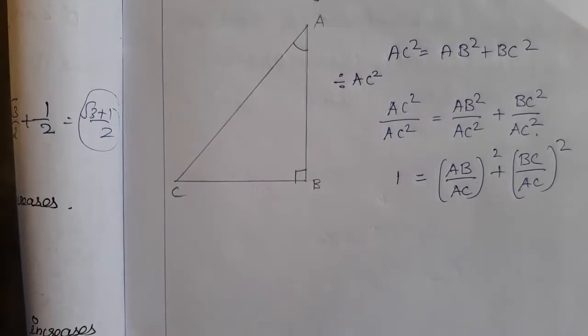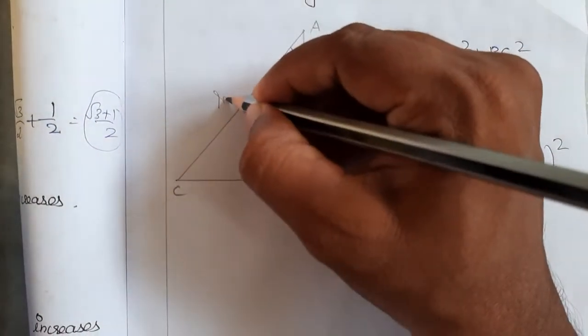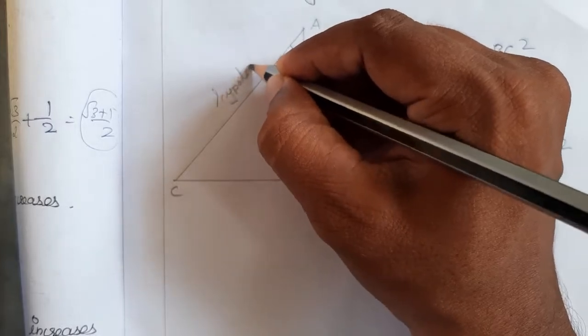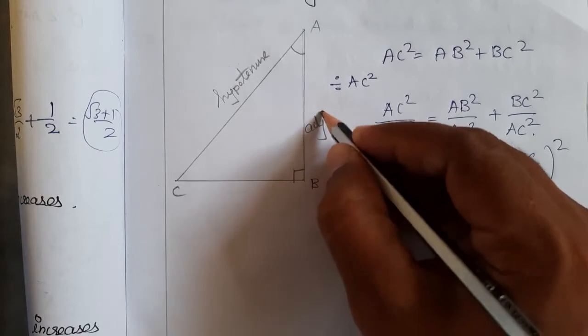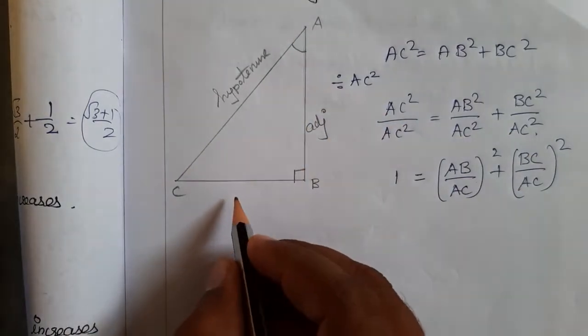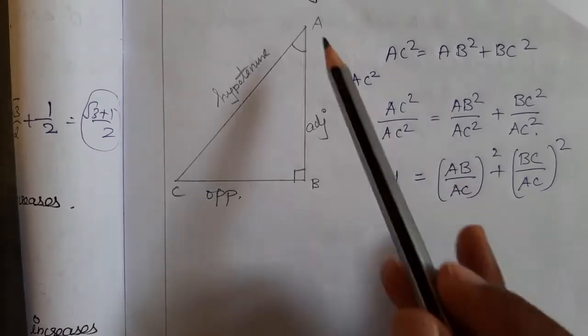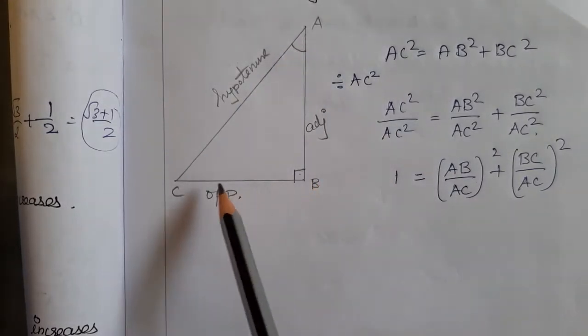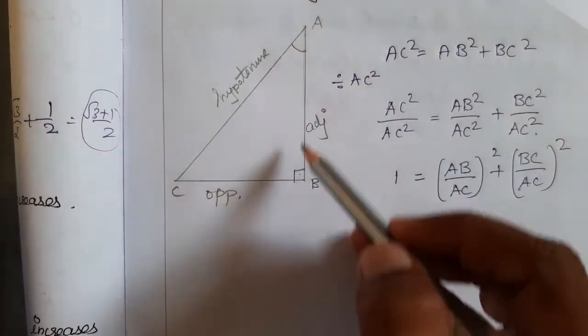Let me take the angle as A, then we will call this the hypotenuse side, this the adjacent and this the opposite side, right? So now it is given by AB divided by AC.